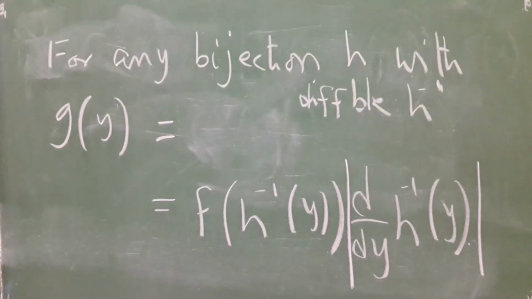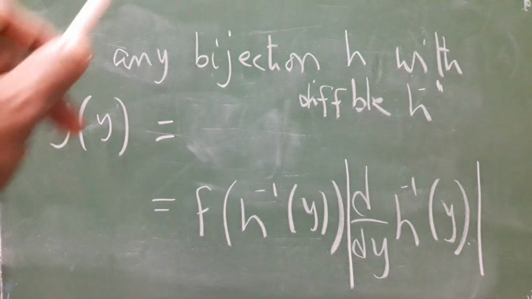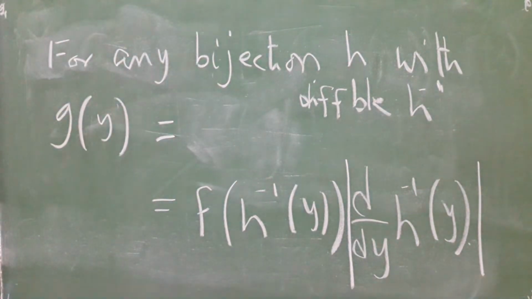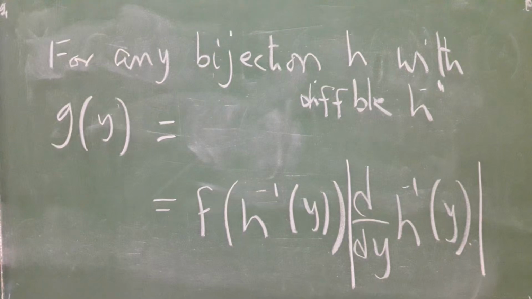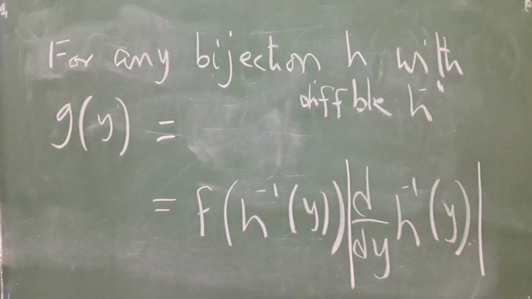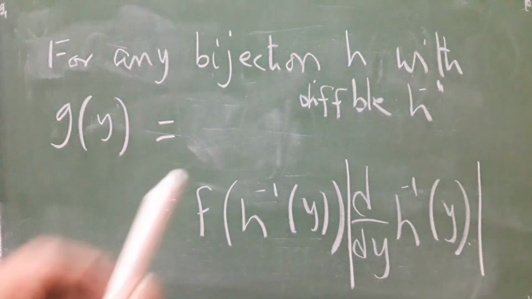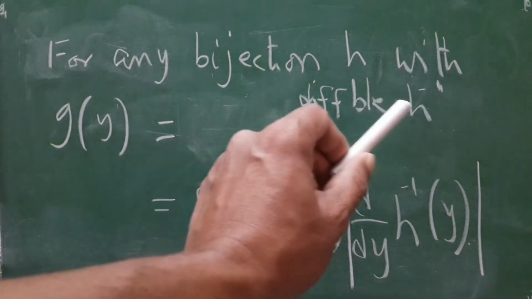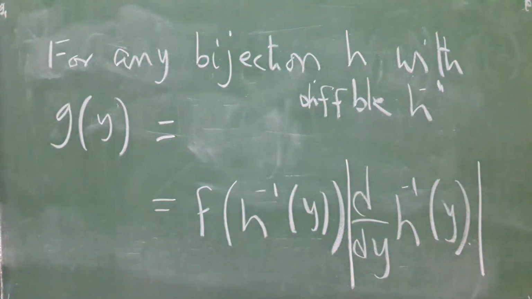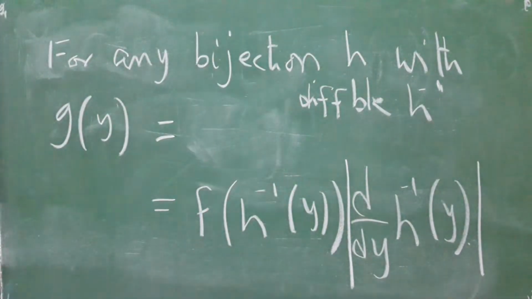Now I claim that actually this formula holds for any bijection h as long as h inverse is differentiable. Remember, we are working from R to R. So if you have a bijection and its inverse is differentiable, which means your h inverse is actually continuous, it's a function from R to R, so h must also be continuous.